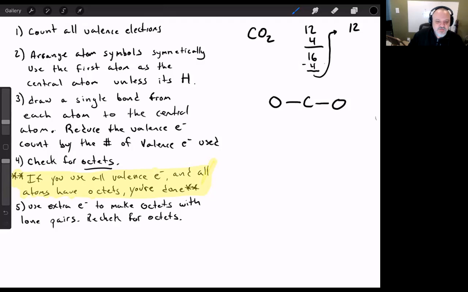So let's go ahead and use extra electrons to make octets. 1, 2, 3, 4. Carbon is done. 5, 6, 7, 8, 9, 10, 11, 12. That's all I had. I only had 12. I don't get to make more electrons. I only have so many valence electrons.